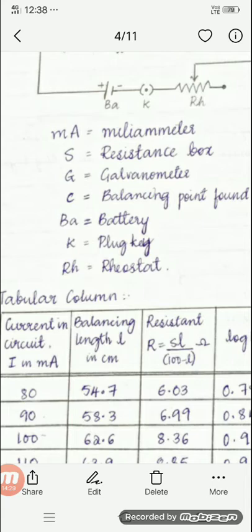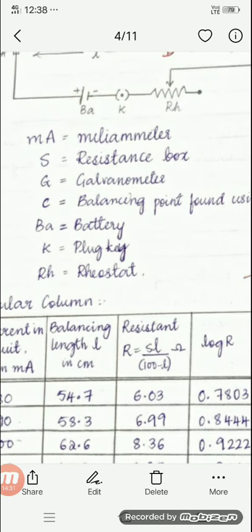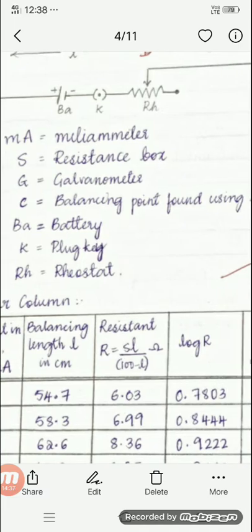Next you find the corresponding resistance value, capital R, as I have already told: R equals SL divided by 100 minus L, where S is the suitable resistance unplugged in the resistance box, and L is the balancing length.